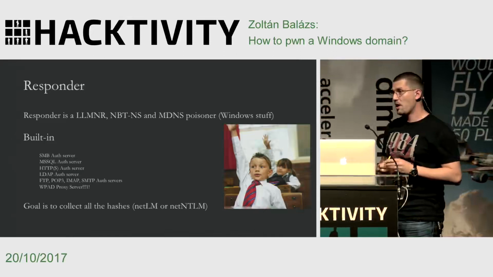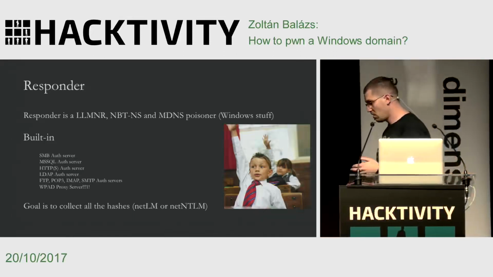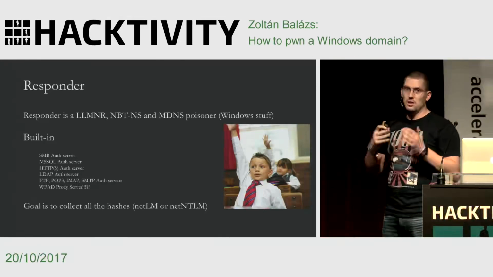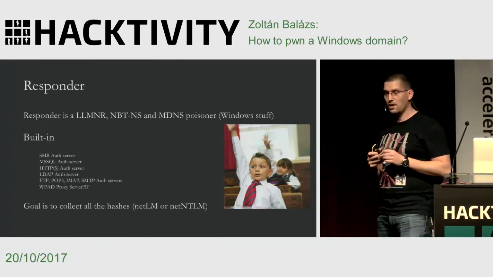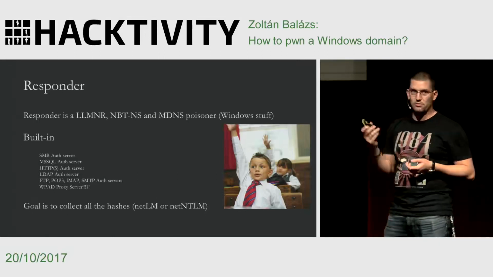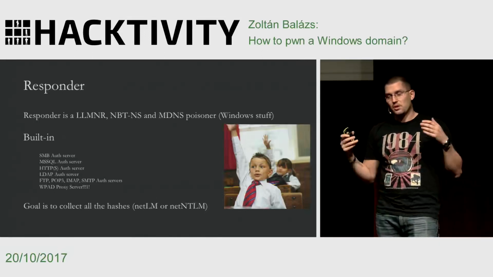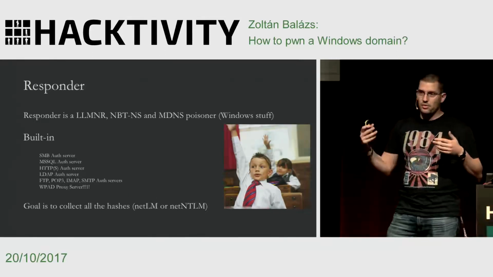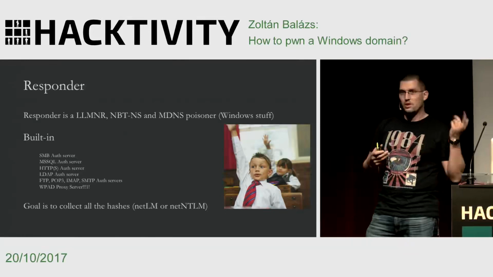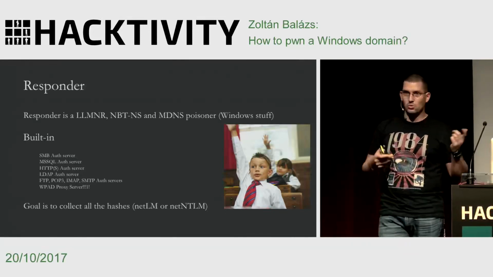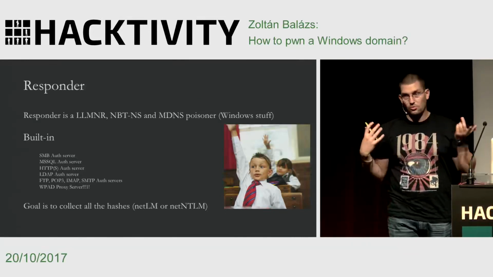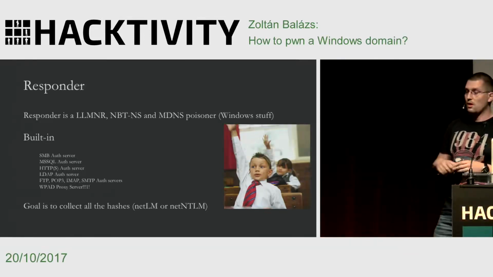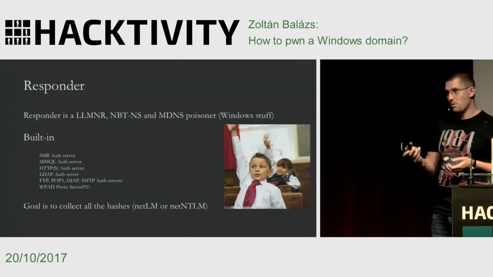And what really happens here, that the best way to use Responder is if you are in a man-in-the-middle scenario, like using ARP cache poisoning or something similar. And in this case, you can basically see all the traffic from the victim client, and whenever the victim client tries to authenticate to any of these services, your tool will respond to this and say, it's me, please authenticate to me.